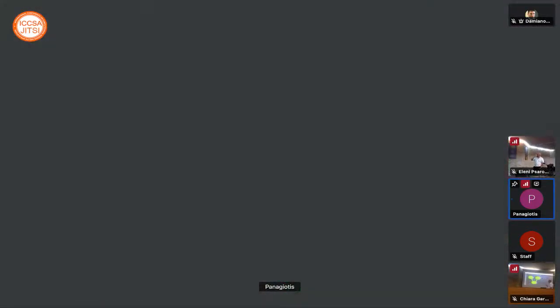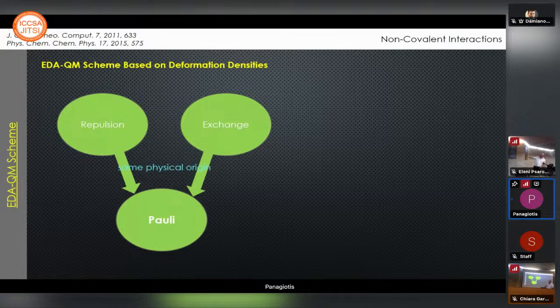Well, additionally, this repulsion and exchange have the same physical origin. They are usually merged into only one term, which is the Pauli repulsion energy. The origin is the well-known quantum mechanical principle, the Pauli exclusion principle.